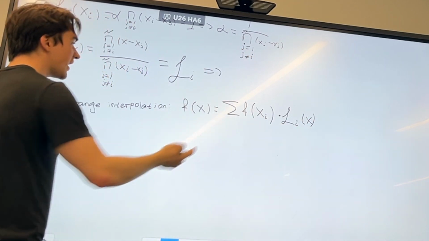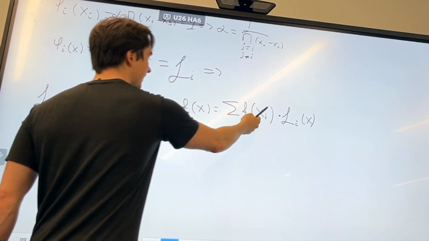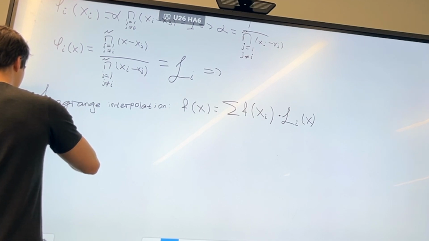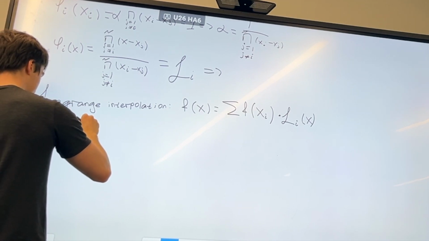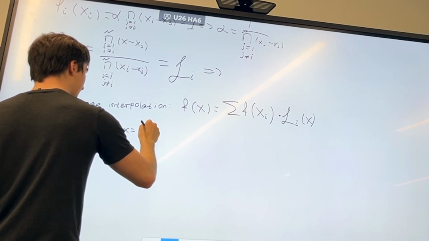And let's check that at our given data we have exactly f of xi, for example, by checking for x equal to xj.